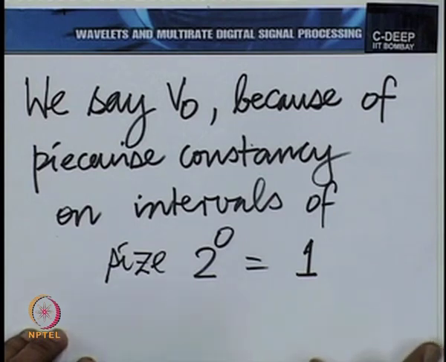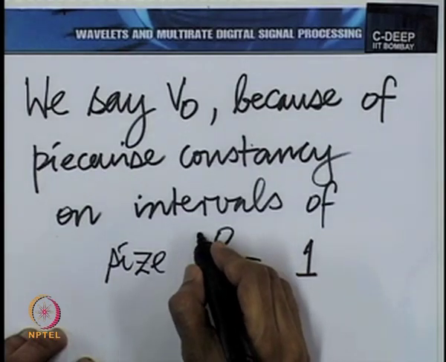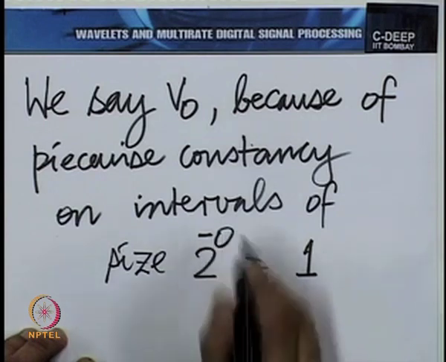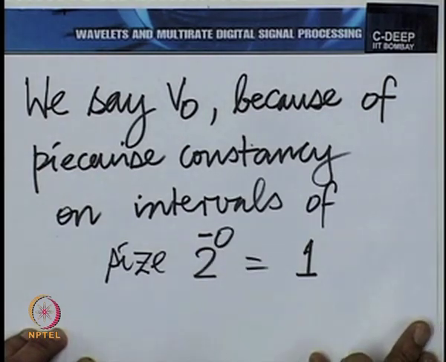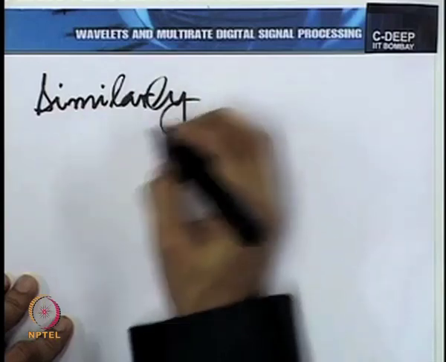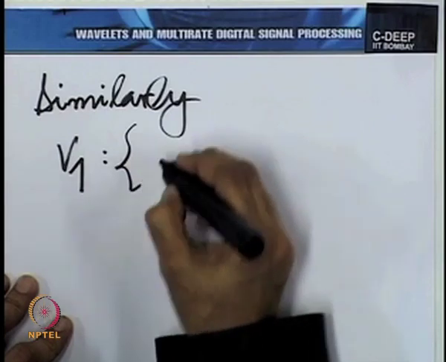And similarly, you could call it 2 raised to the power of 0, or you could call it 2 raised to the power of minus 0. We will prefer to use 2 raised to the power minus 0, because it will be consistent in future. So, we could similarly have V 1 then. V 1 is the set of all x. Let us define it.